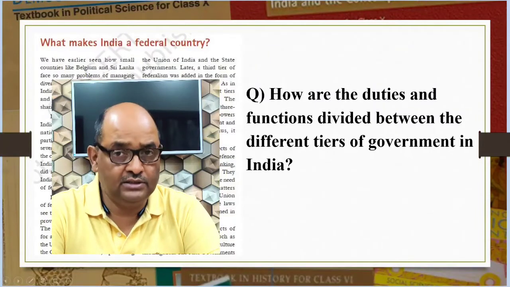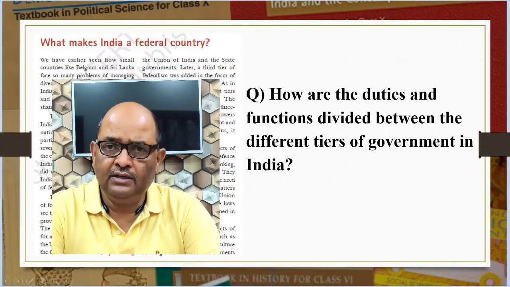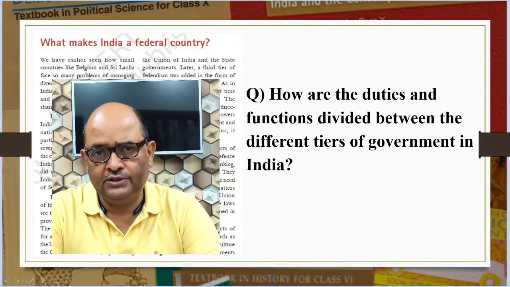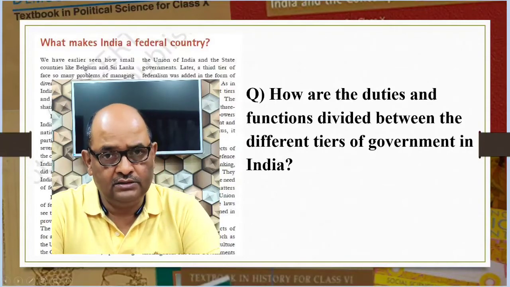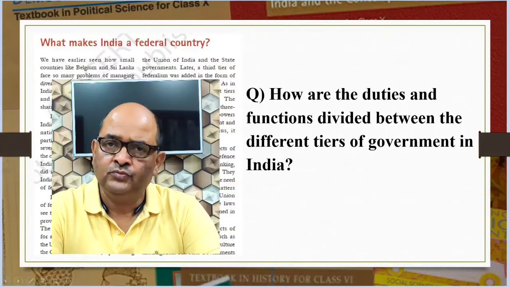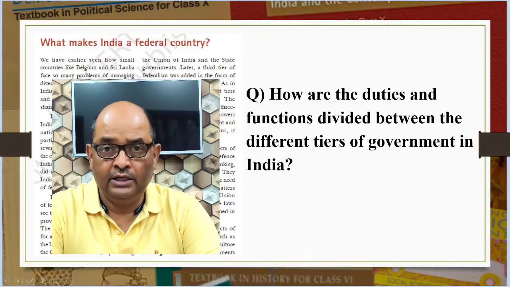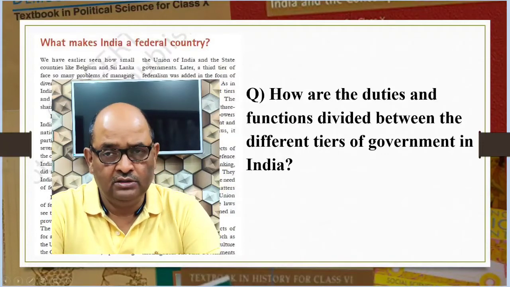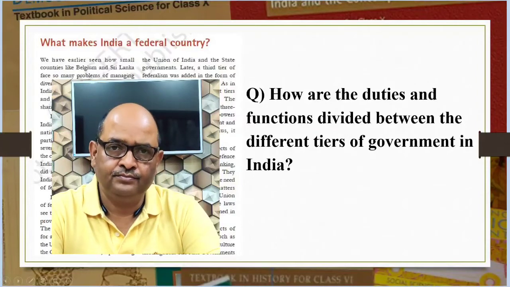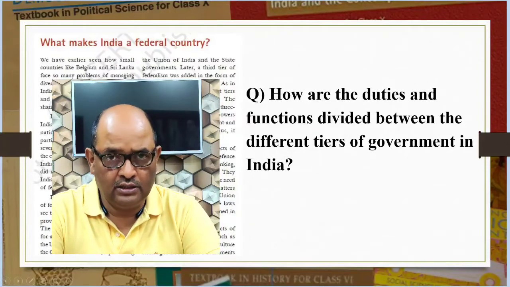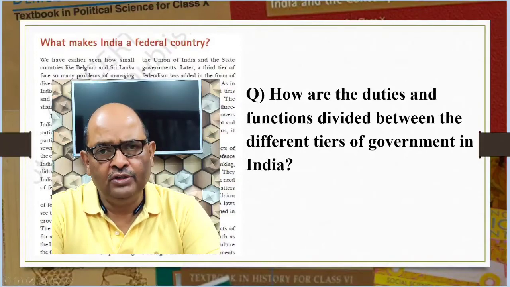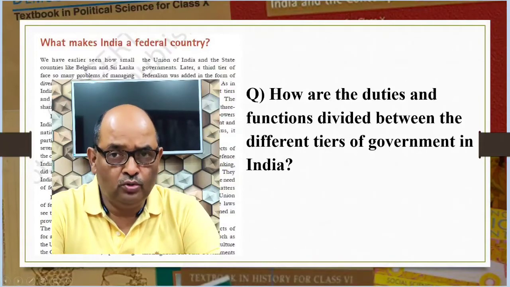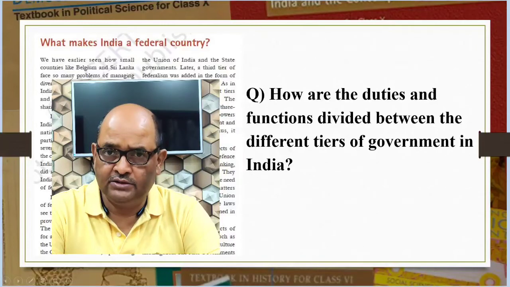The second is the state list. State list contains subjects of state and local importance such as police, agriculture and irrigation. The state governments alone can make laws on the subjects mentioned in this list. Third one is concurrent list. This list includes subjects which are of common interest to both union as well as state governments.